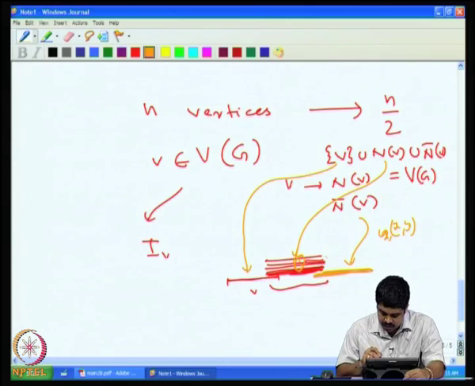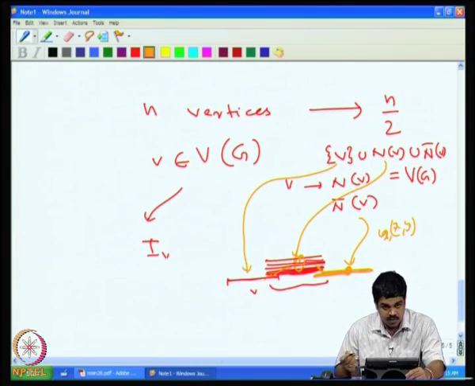If one of them is v, then the other has to be in N(v), because they are an edge, and they are intersecting. If both are in N bar of v, they are also intersecting here, and if one is in N(v) and one is in N bar of v, they are intersecting here. Therefore, all the edges which are present in G are present.